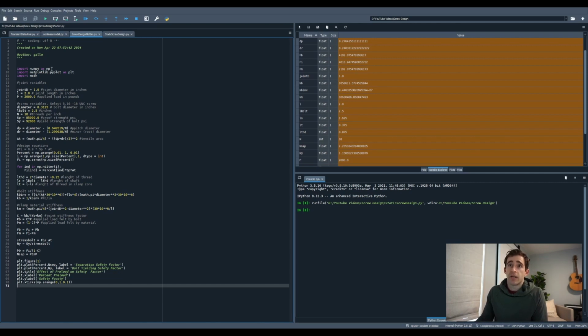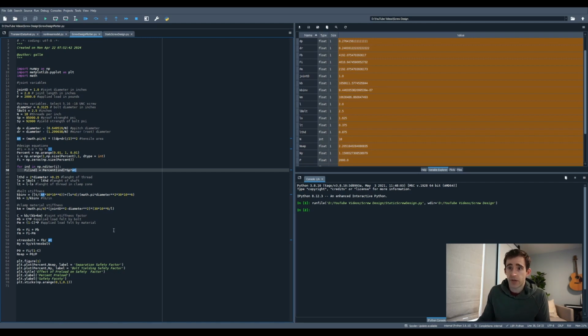And so for that, I'm going to need the numpy package and the plotting package, so we can see some interesting things here. Again, all of this is the same, except in my design equations, I want to have a percent, where this is going to be the percent of proof strength that I preload, and I want to set up an iterator, and I want to initialize my preload, and then in this for loop, it's just the same equation as before, except I'm creating an array of all of the preloads from 1% to 100%.